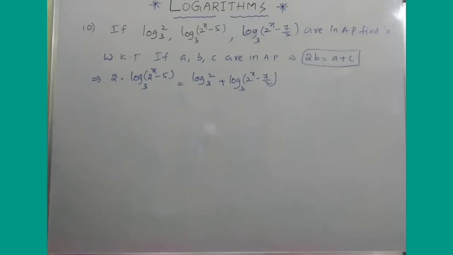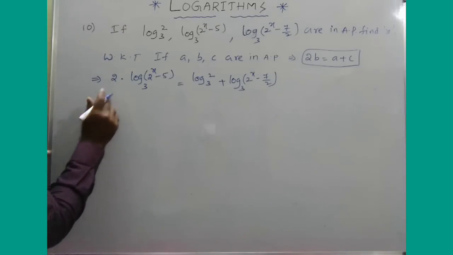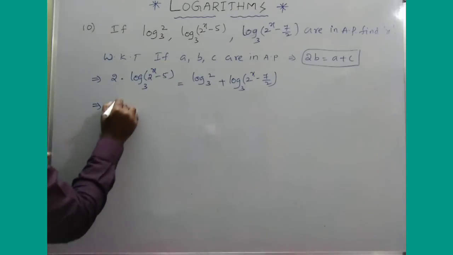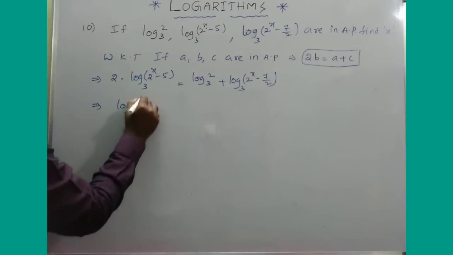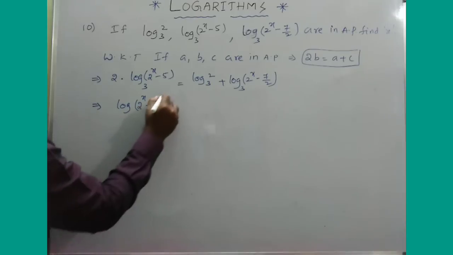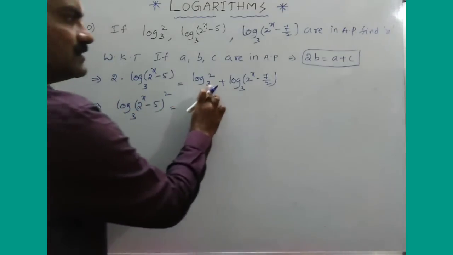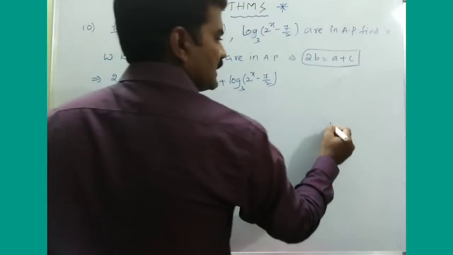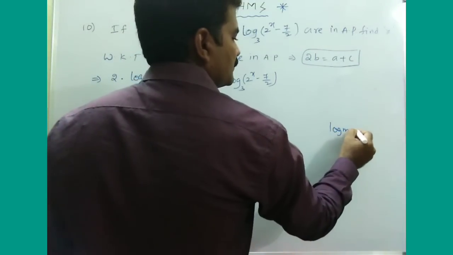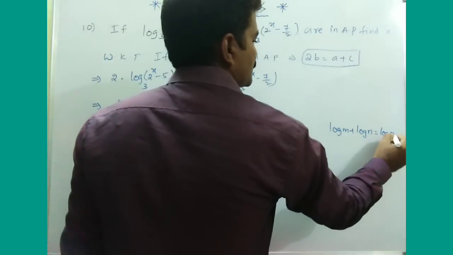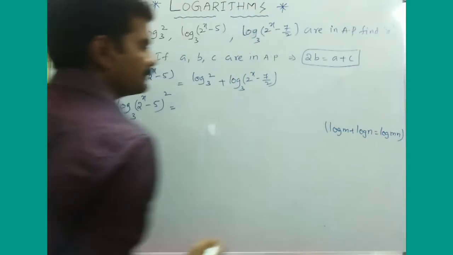Now after this first step, the problem is purely in terms of logarithms. This 2 can be written as a power, no? That is log of (2 to the power of x minus 5) whole square to the base 3, which equals, with the same base, just like log m plus log n, we can write it as log of m into n.